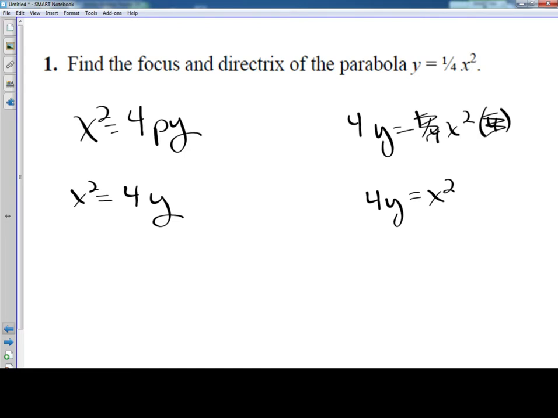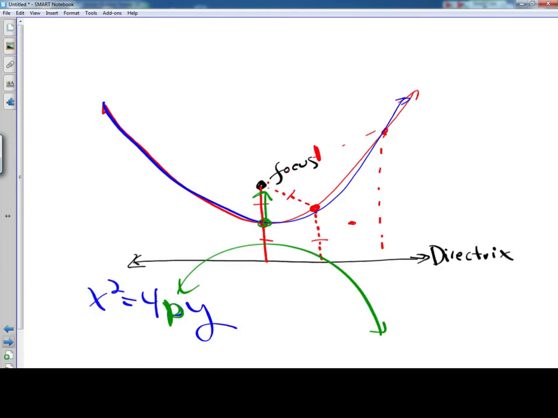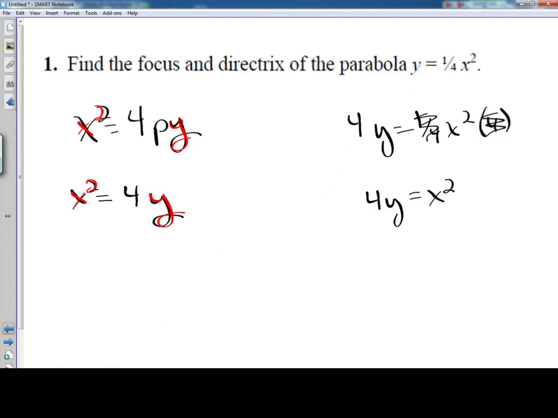And here's where the comparison begins. We know that this and this are simply variables. They change, because they can represent any one of these points on the parabola. But what I want to know is where that distance of the focus is, because that's going to determine a lot of it, isn't it? Well, this variable here tells me exactly that. So my question is, how does 4p become simply 4?